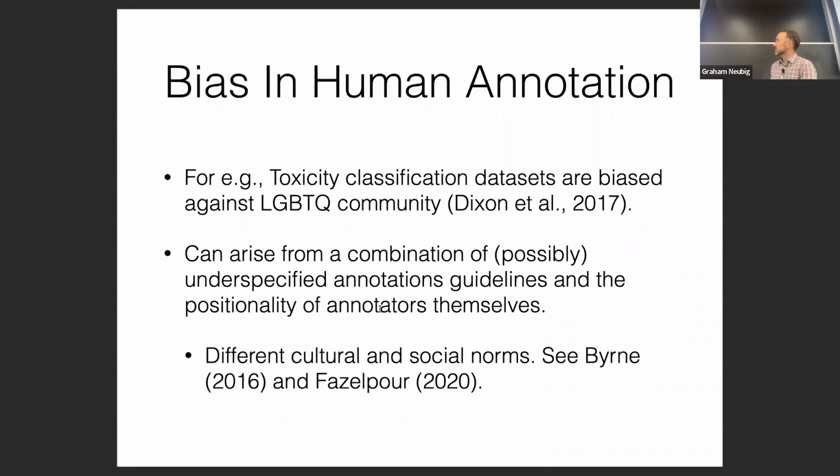Another interesting thing is biases in human annotation. This happens when you have an annotation task where how you make your annotations depends on your demographics. To give an example, toxicity classification is a particularly obvious case, where some annotators might annotate something as offensive and other annotators might annotate it as not offensive.